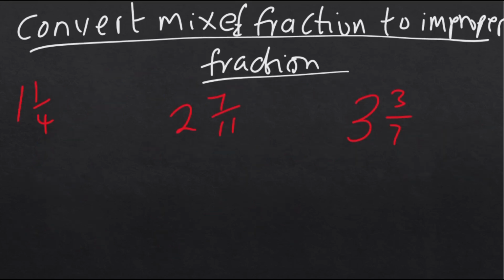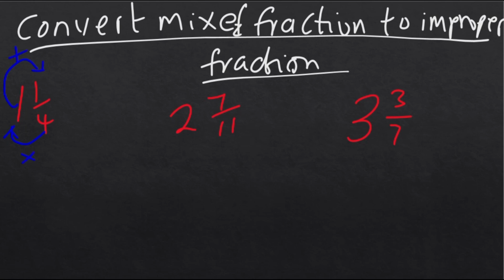The way that we do this is to first multiply the denominator by the whole part and then add the numerator. Here's how we do it. We go from 4 to 1, and then the results from there will be added to this. So multiply, add.